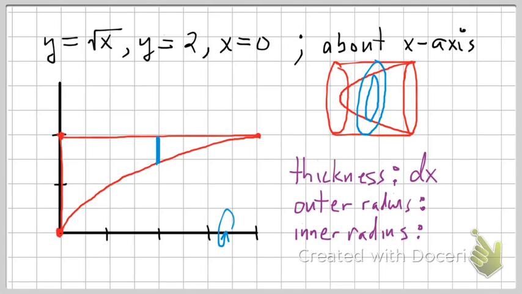So what's your outer radius? Very good. Your outer radius would be 2 minus 0 from that center, right? Your inner radius? Inner radius is square root of x minus 0. Is that okay?